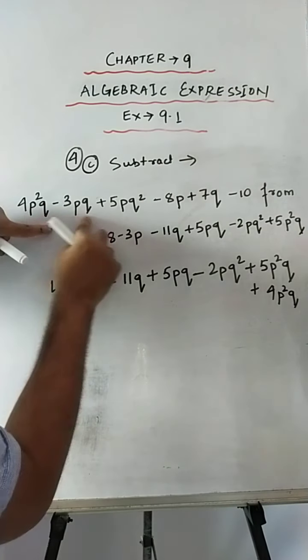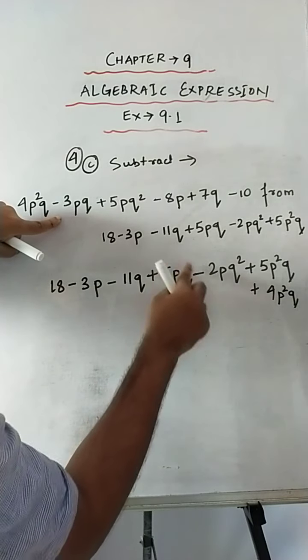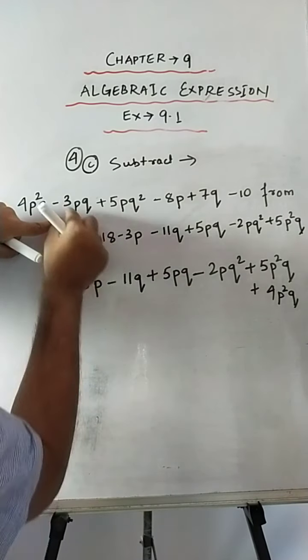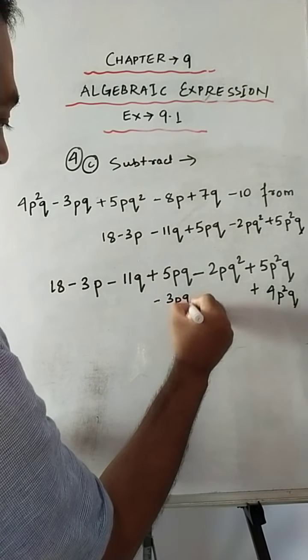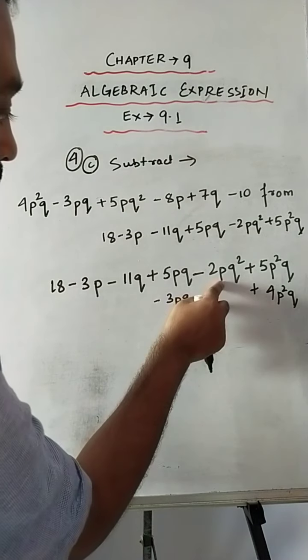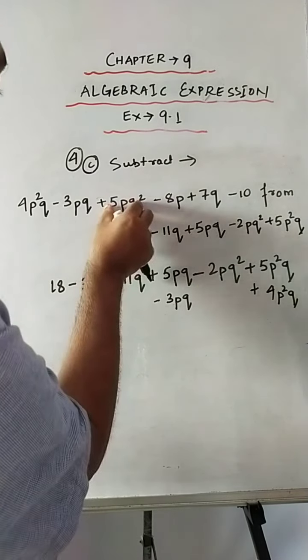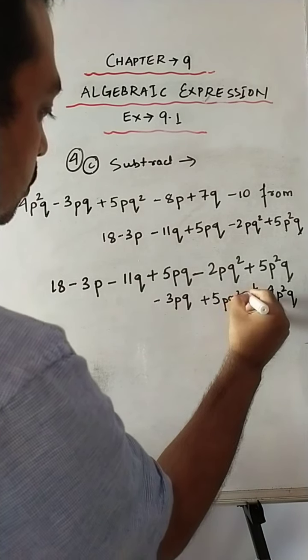Now what is the second term written? Minus 3pq. So where is pq variable? Here we have pq variable. So just below pq, we'll write minus 3pq. Now what we have, the next one, pq square. Pq square, see? So we'll write plus 5pq square here.